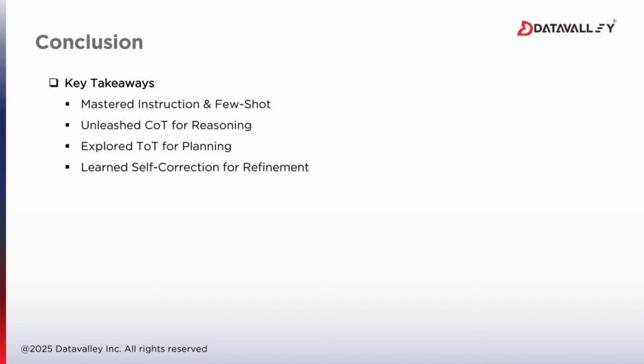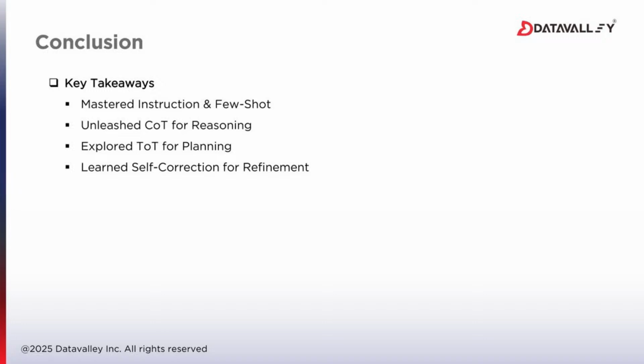And yes, we are moving to the end. So we have covered a lot today, very important and advanced things, from reinforcing the power of clear instructions, types of instructions, and few-shot examples, to a deep dive into the capabilities of COT, chain of thought. And we have seen tree of thought, and finally coming to self correction also.